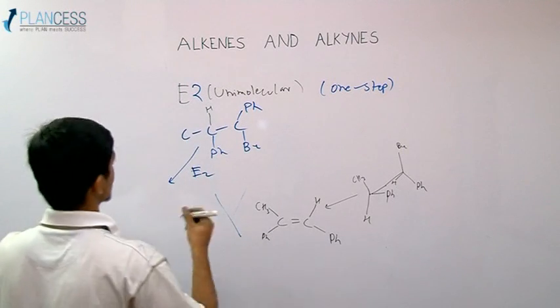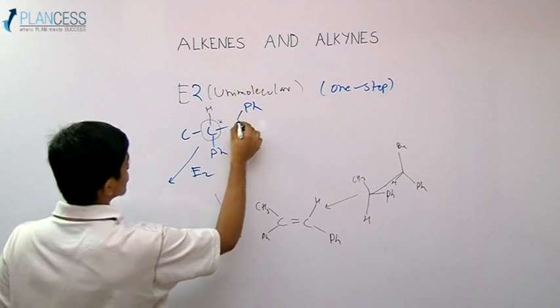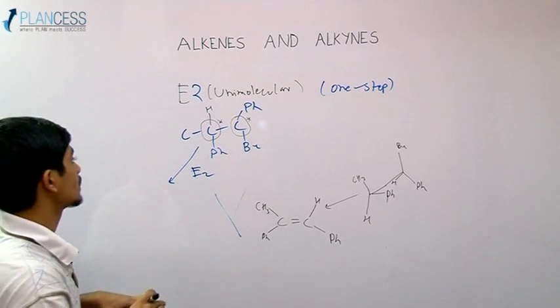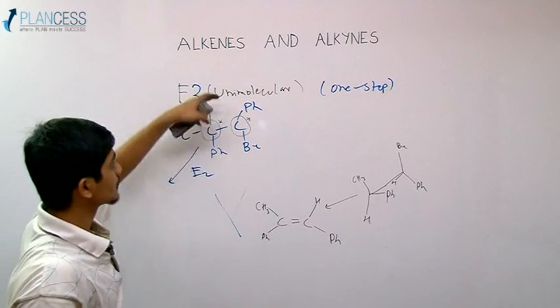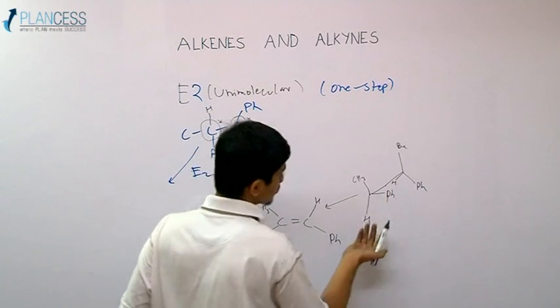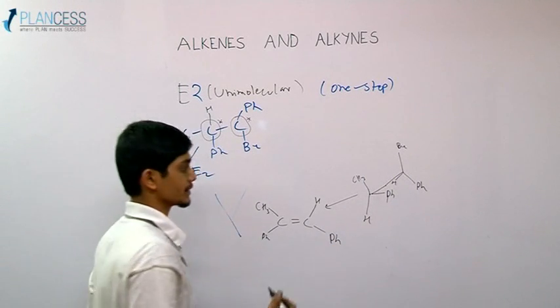Now as you can see, this carbon is chiral, this carbon is also chiral. And definitely there is no plane of symmetry over here, because you can see that Br is there, CH3 is there, so there is no chance of plane of symmetry.